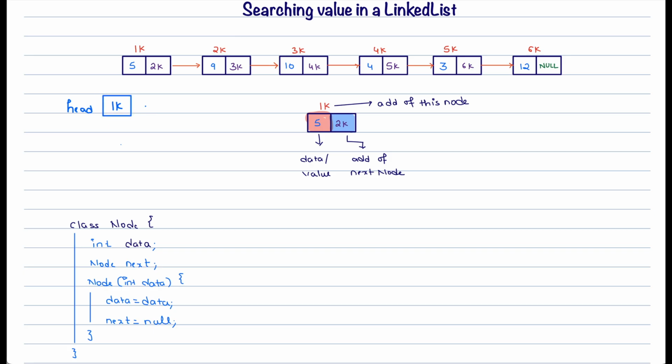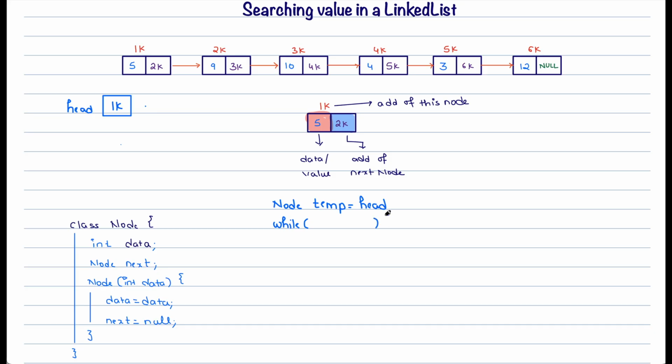Instead we just create a temporary variable and pass the value which is present in the head. What will be the type of this temp? It is nothing but node only. Why? Because it is storing the address of a node. Since I want to traverse from the first to the last node, I will have a while loop.